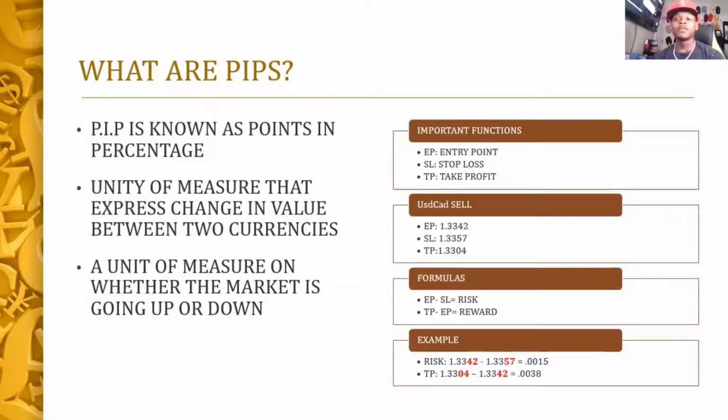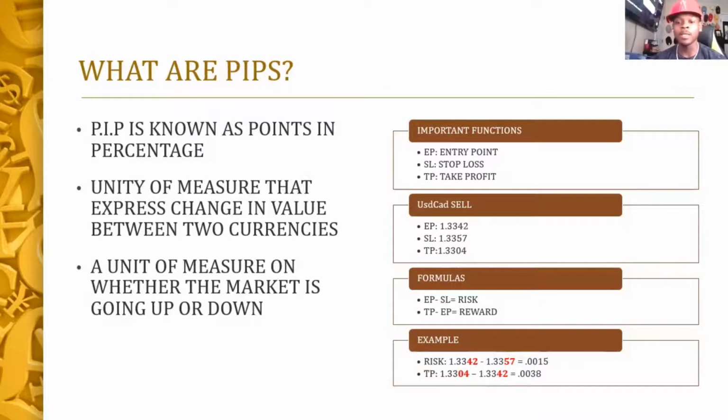So now let's get into the formulas of how you will calculate your risk and reward. To calculate your risk, you will subtract your entry point from your stop loss. And then to calculate your reward, you will subtract your take profit from your entry point. So let's say our entry point, as we said before, is 1.3342.